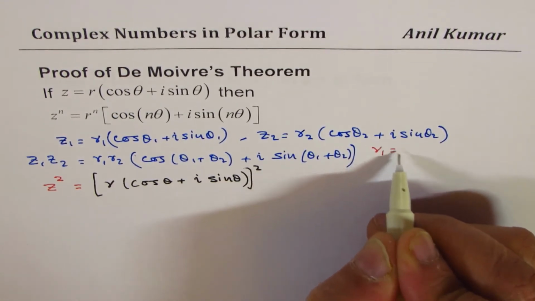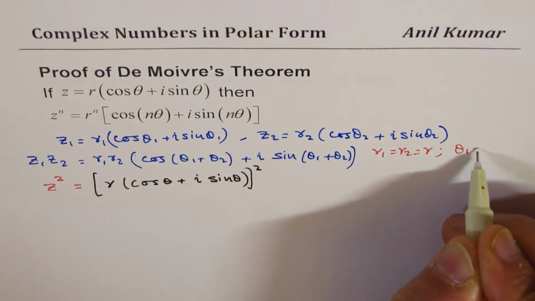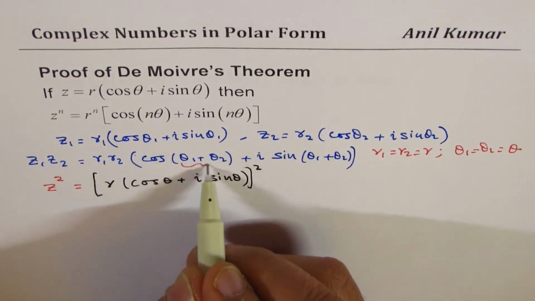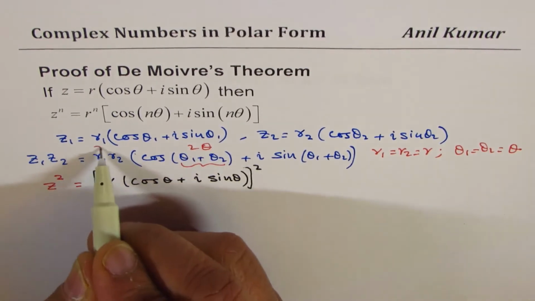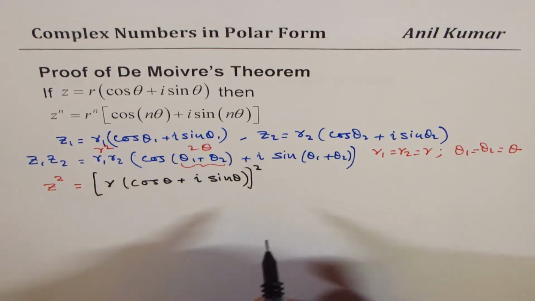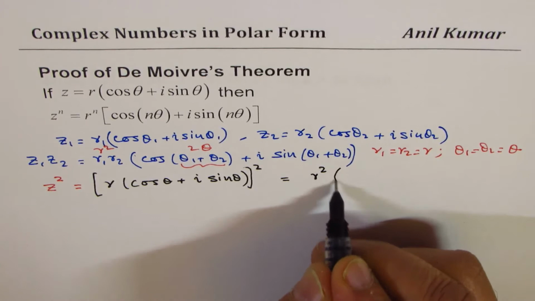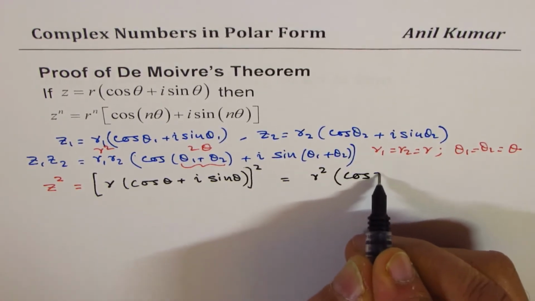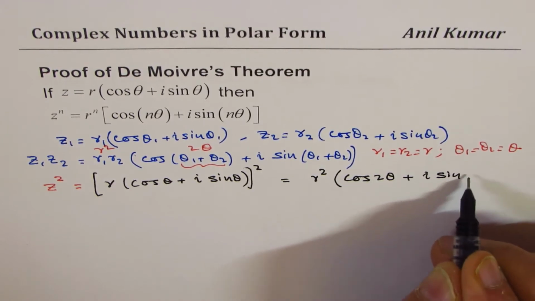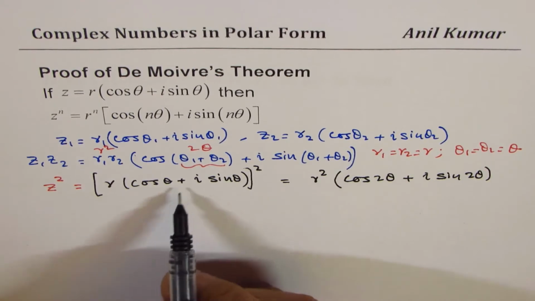Basically, r1 equals r2 equals r, and theta 1 equals theta 2 equals theta. So that becomes 2 theta, and this becomes r squared. Applying this formula directly, we get r squared times cos of 2 theta plus i sine 2 theta, right?